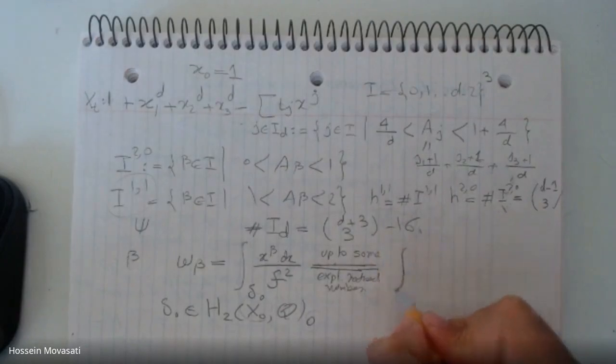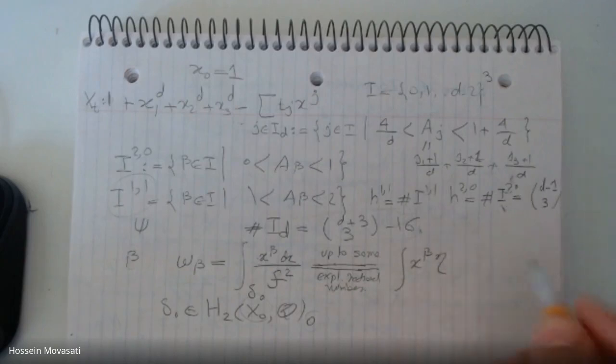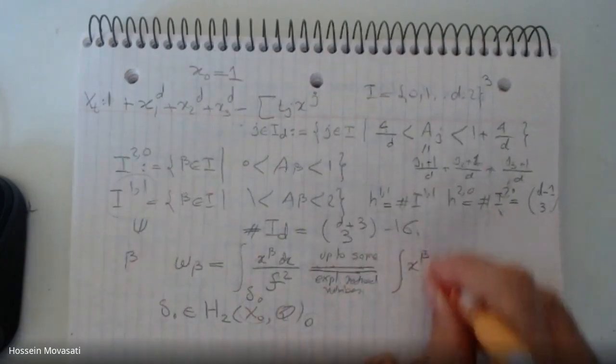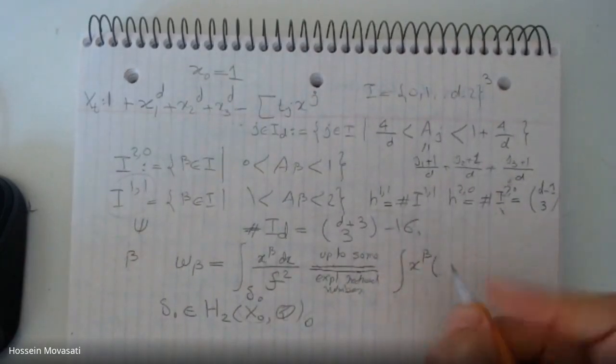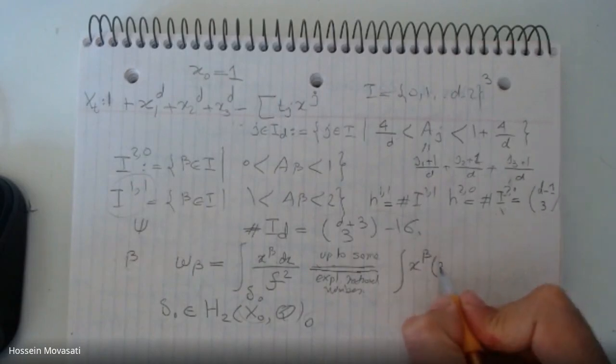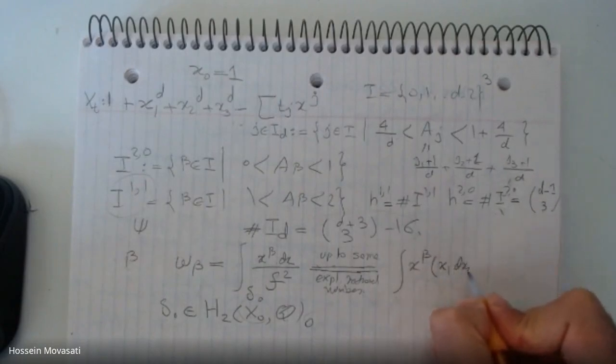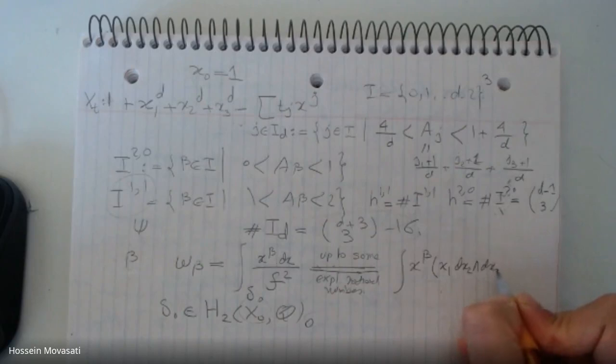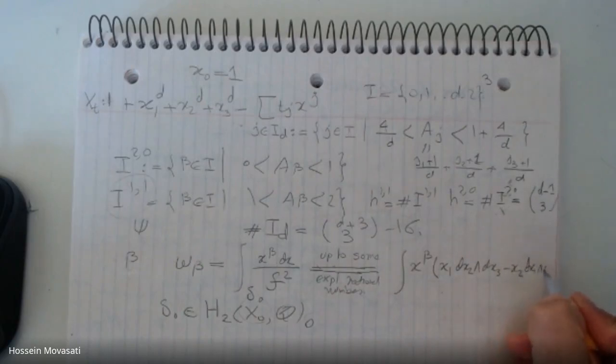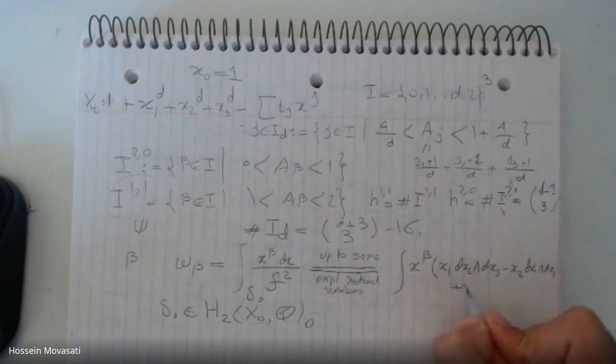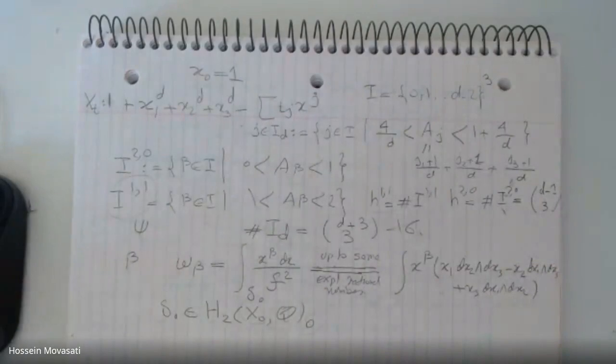So it became something like x beta eta. Let me write it: x1 dx2 wedge dx3, minus x2 dx1 wedge dx3, plus x3 dx1 wedge dx2.